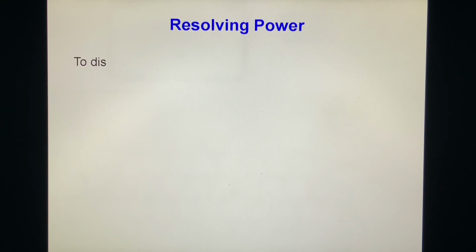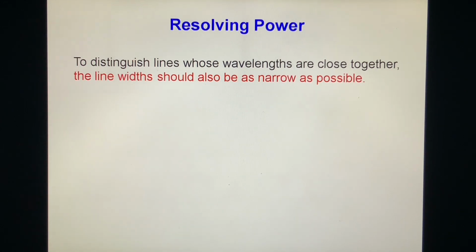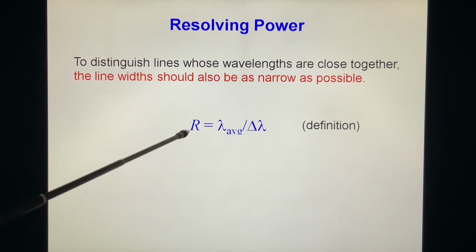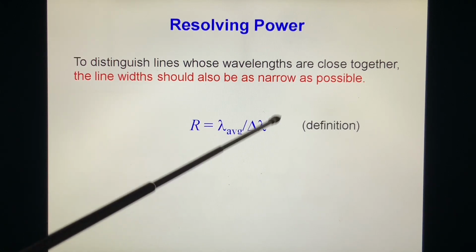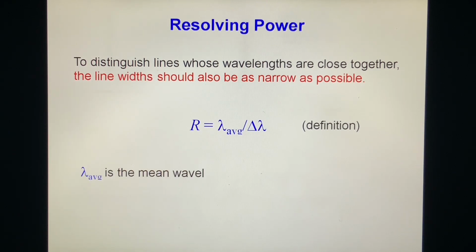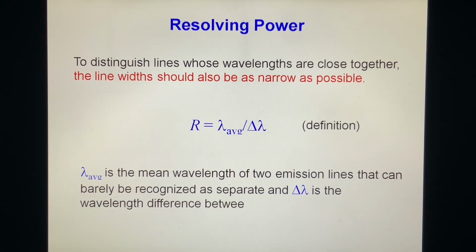Resolving power. To distinguish lines whose wavelengths are close together, the line width should also be as narrow as possible. So we define the resolving power R as lambda average over delta lambda. Here, lambda average is the mean wavelength of two emission lines that can barely be recognized as separate, and delta lambda is the wavelength difference between them.